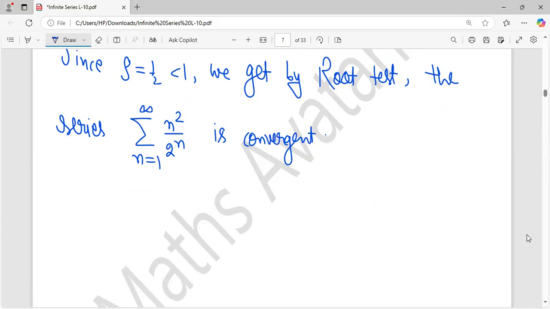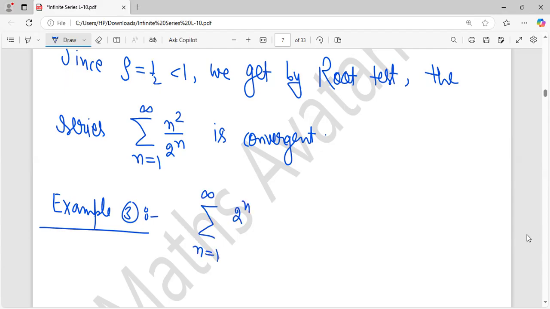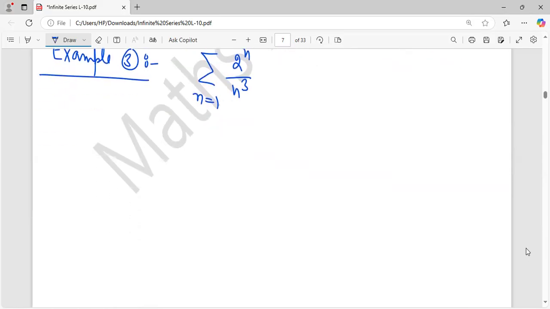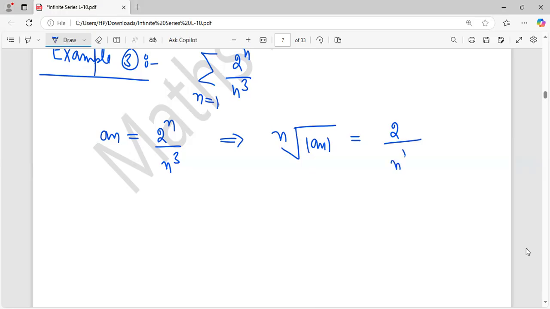Now example 3. Summation n goes from 1 to infinity of 2 to the power n upon n cube. So a_n is this, 2 to the power n over n cube. So what is the limit?